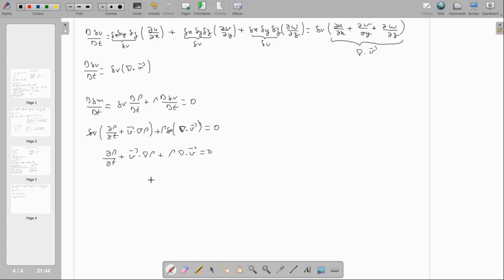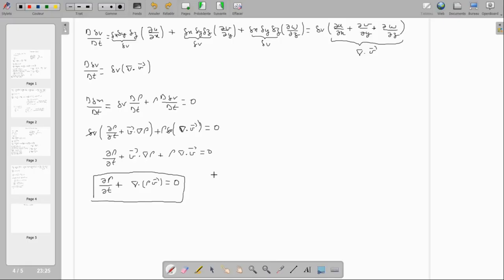So by using the vector identity, we get partial rho over partial t plus nabla dot rho v equals 0.